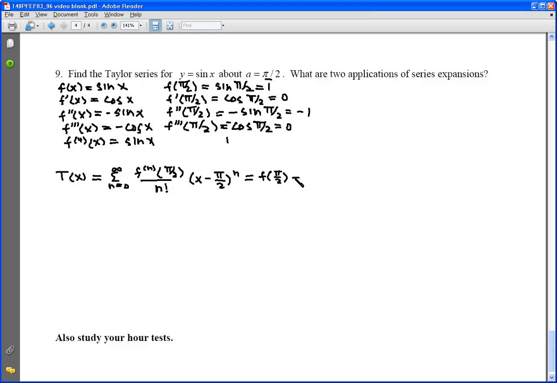And then you are adding f prime at pi over 2. If you plug in n equals 1, it's f prime at pi over 2 over 1 factorial, and then (x minus pi over 2) to the first. And then n equals 2 is going to be f double prime at pi over 2 over 2 factorial, and then (x minus pi over 2) squared.